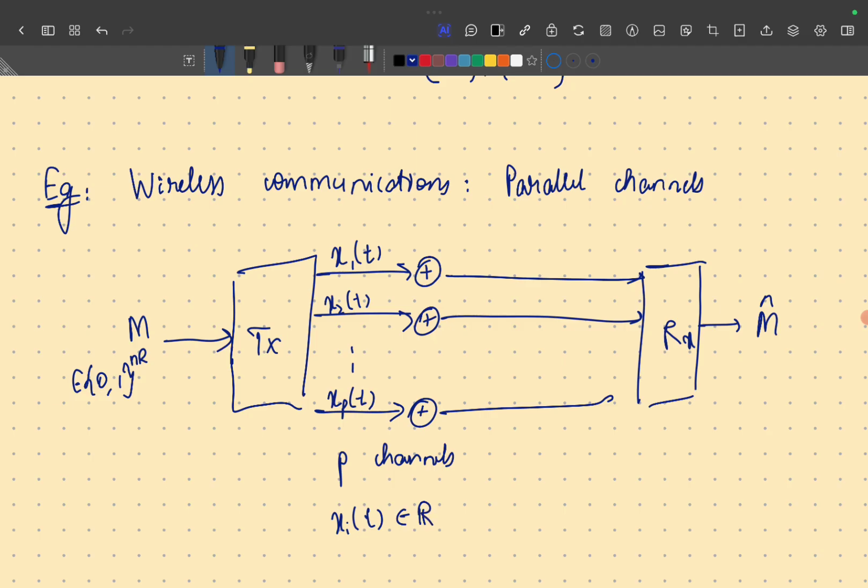So you can send one real number through each of these channels. The receiver gets the real number, which is corrupted by noise. So there is some additive noise, Z1 of t, Z2 of t, Zp of t, and the receiver gets Y1 of t, Y2 of t, Yp of t.